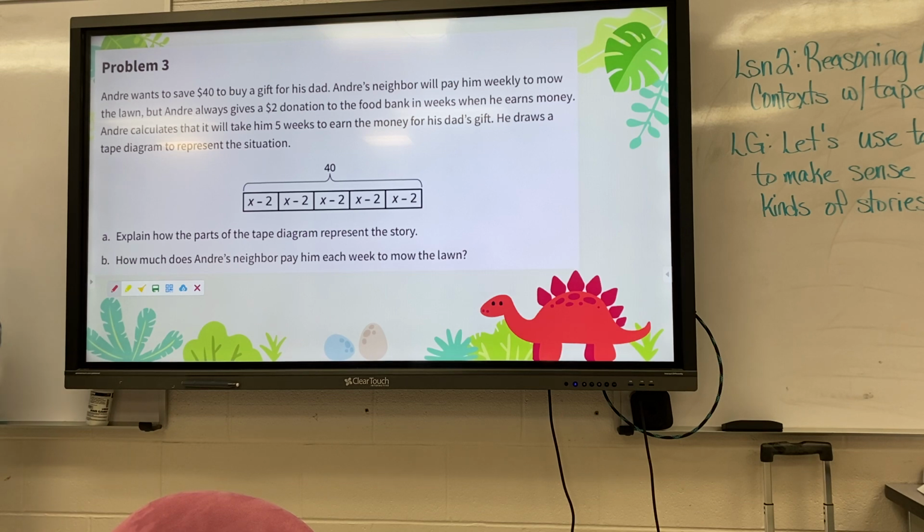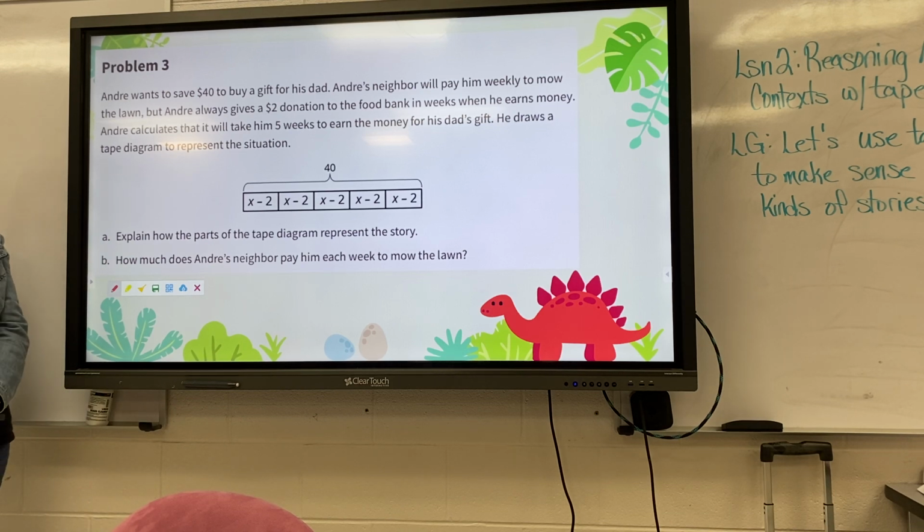Okay, why do we have 5 boxes? Because it's gonna take him 5 weeks. Okay, why minus 2? Because he donates $2. Good, Jason. He donates $2 every time he mows the lawn, right? Okay. All right, any questions about why the tape diagram is the way it is?